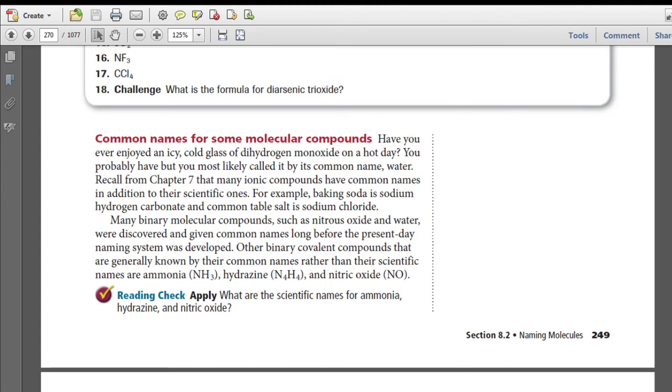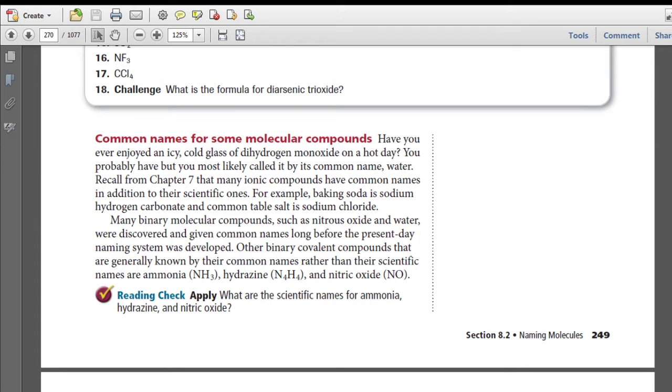Have you ever enjoyed an icy cold glass of dihydrogen monoxide on a hot day? You probably have, but you most likely called it by its common name, water. Recall from Chapter 7 that many ionic compounds have common names in addition to their scientific ones. For example, baking soda is sodium hydrogen carbonate, and table salt is sodium chloride.